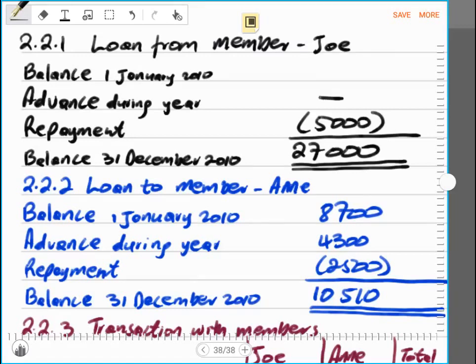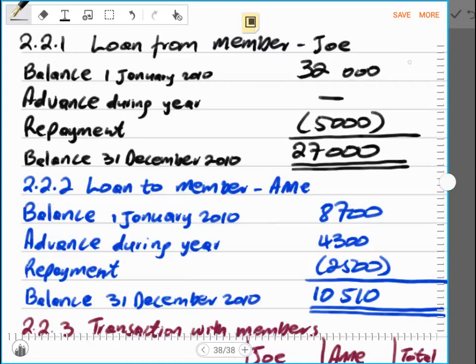Then you have to calculate now the opening balance, where we are looking for the balance before the 5,000 was repaid, because we know that after the 5,000 was paid, then the balance of the loan became 27,000 rands. But before 5,000 was deducted, being a repayment, it obviously means that the loan balance is 32,000 rands, or the loan opening balance was 32,000 rands.